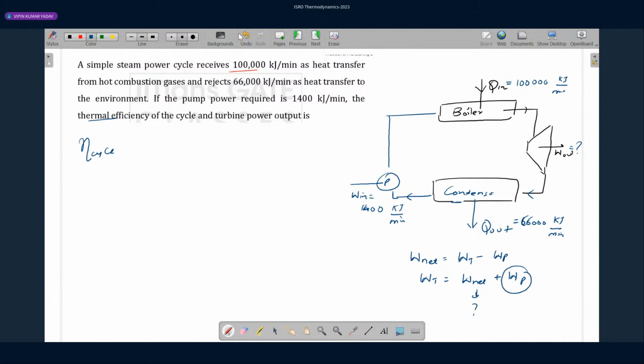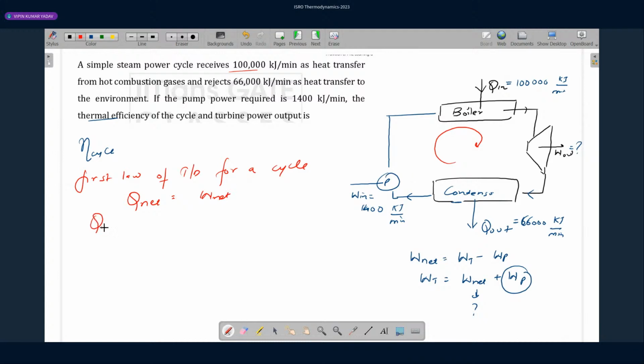So how can I do that? First of all, it is a cycle, right? It is a complete cycle. So you can apply the first law of thermodynamics for a cycle. What is that? Q net is equal to work net.